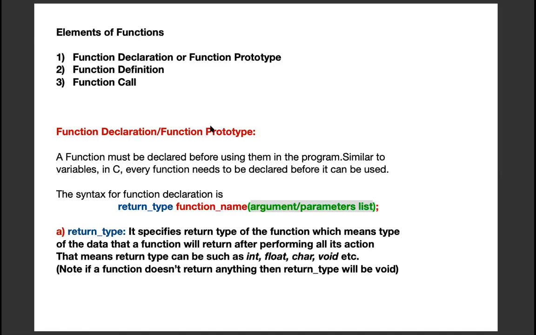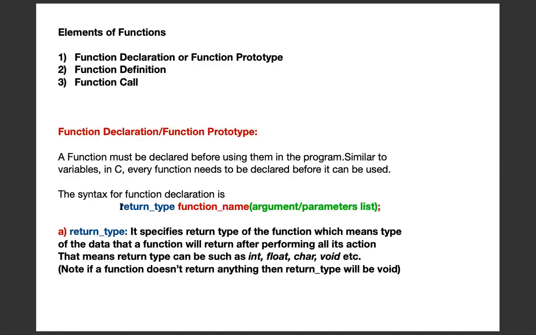So the syntax says: return type, function name, argument or parameter list. We have only one argument. So what does return type mean? It specifies the return type of the function, which means the type of data that a function returns after performing all its action. Right now you need not worry about this much. Keep one thing in mind: if a function does not return anything, then only we put it as void.